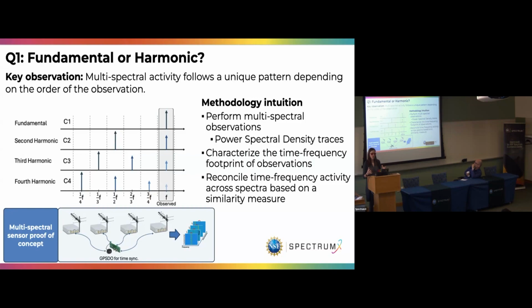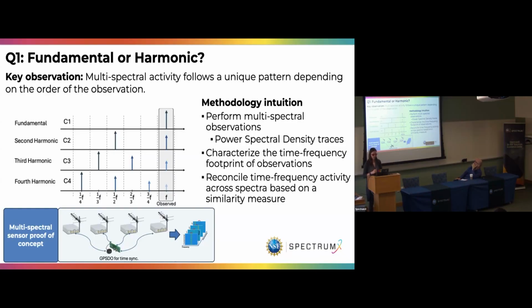The key intuition is that depending on what order harmonic you might be observing, the activity across multiple spectra will follow some sort of unique pattern. So the idea is that we will perform multispectral measurements. Think about a multi-headed sensor that simultaneously observes across multiple spectra of interest that might be candidates for a particular activity to be a harmonic.